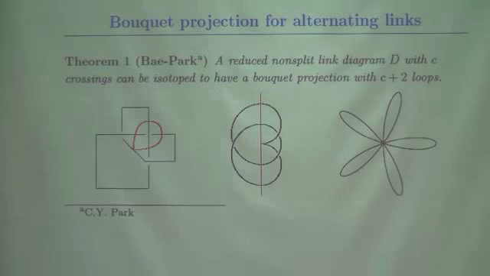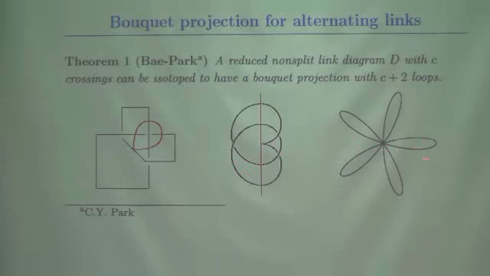So this theorem by Bae and Park says a reduced non-split link diagram D with C crossings can be isotoped to have a bouquet projection with C plus 2 loops.